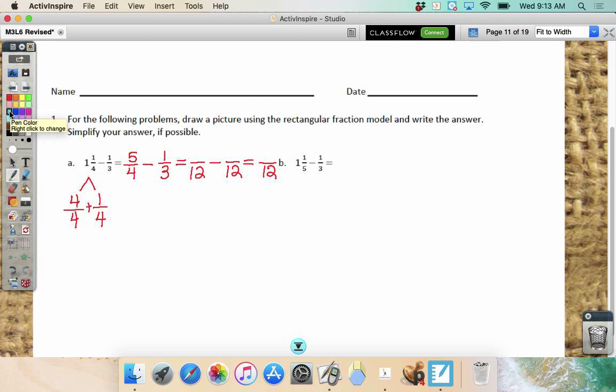Okay, so 5 times 3 is 15, and 4 times 1 is 4, and 15 minus 4 is 11, and that's my answer. Now Court and Nellie, the one you missed was simply this right here, but it wasn't with an improper fraction. So I don't think it's going to be very hard for you, okay?